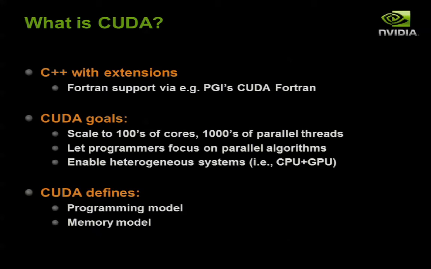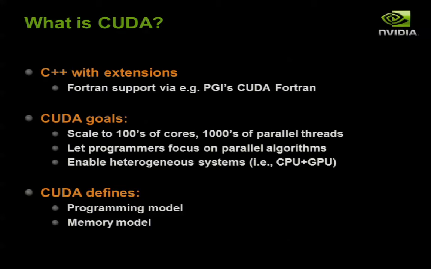Originally it was C with extensions, and somewhere in the various versions of CUDA that have been released, it has moved to C++. So the NVCC compiler, the CUDA compiler, is now a full C++ compiler. CUDA itself is C++ with some extensions.